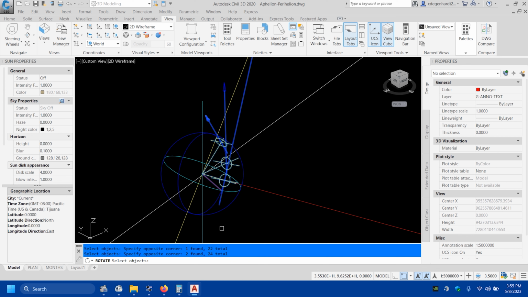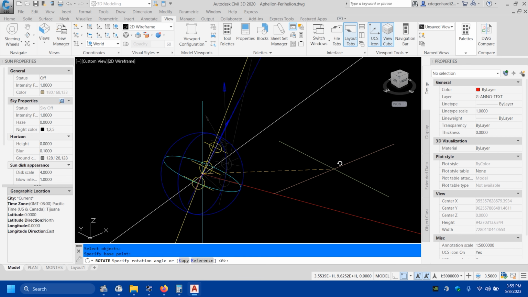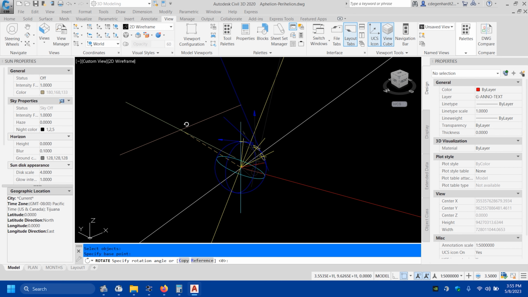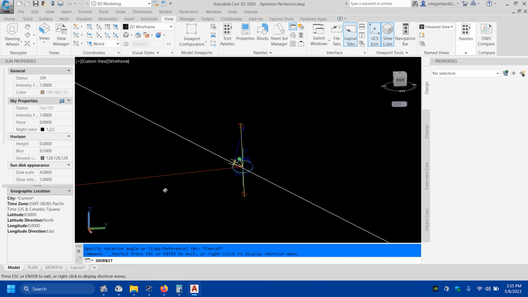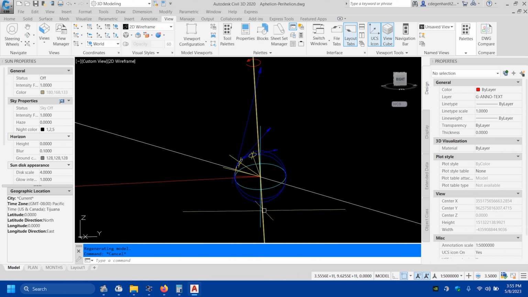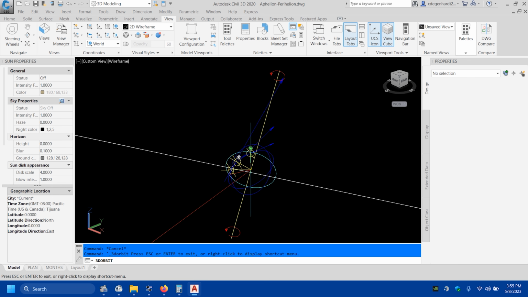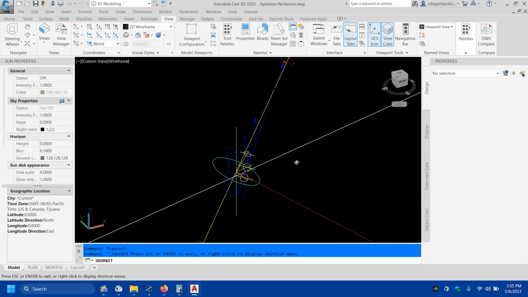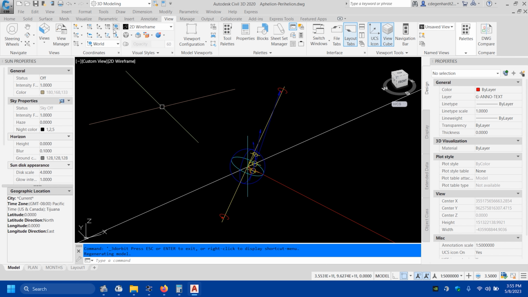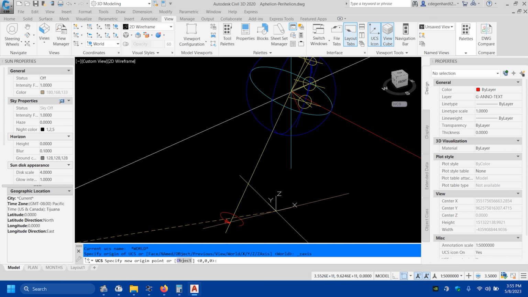I grab everything. Reference. Just looks funny. Oh, I know. Duh. Gotta do the Z-axis.